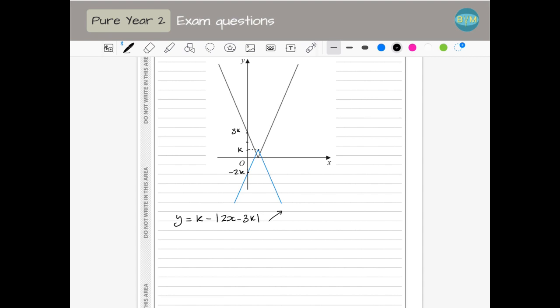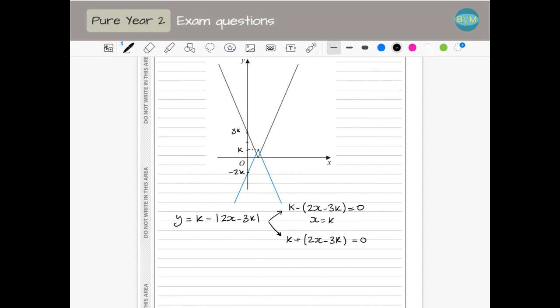One is going to be k minus (2x minus 3k) equals 0. And the other one is going to be the same, but with a plus: k plus (2x minus 3k) equals 0. If you solve the first one, you have k minus 3k is minus 2k equals minus 2x, so x is k.